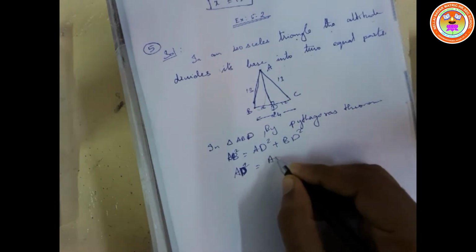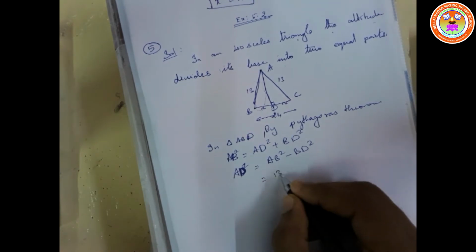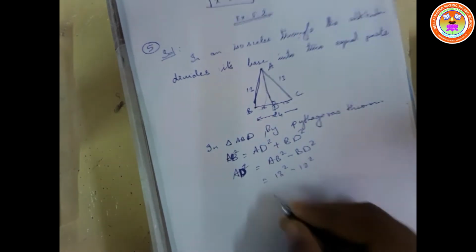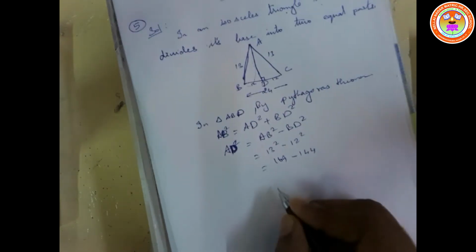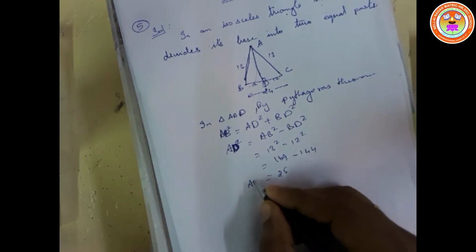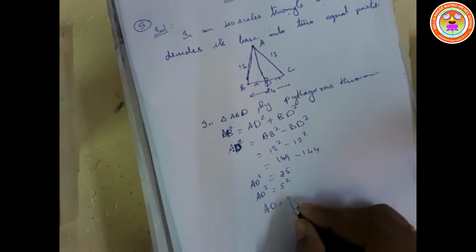AD square equals AB square minus BD square, which is 13 square minus 12 square, which is 169 minus 144 equals 25. So AD square equals 5 square, therefore AD is equal to 5 centimeter, the height of the triangle.